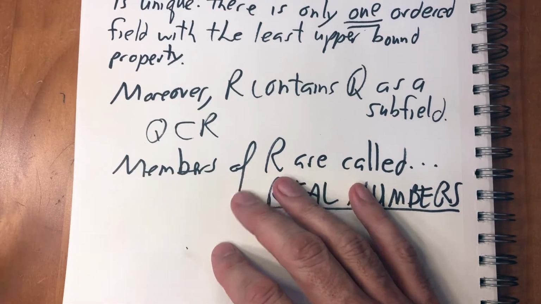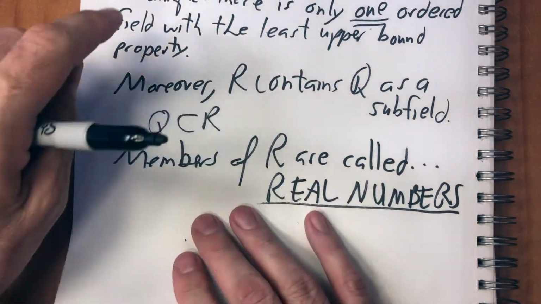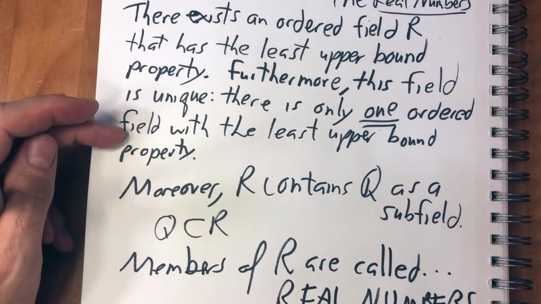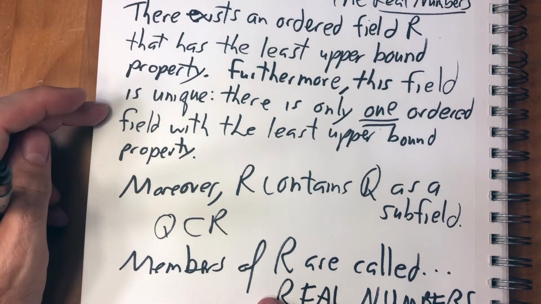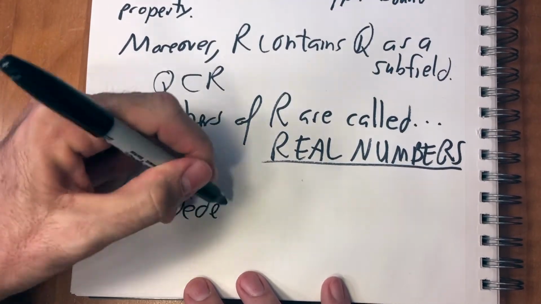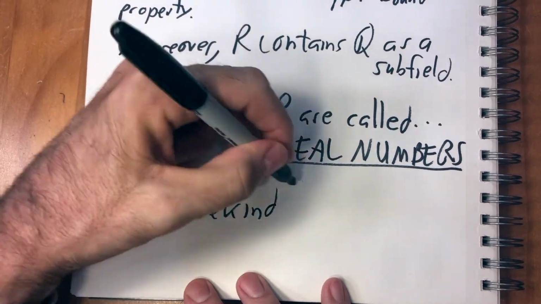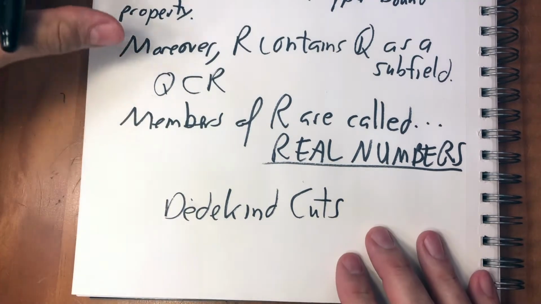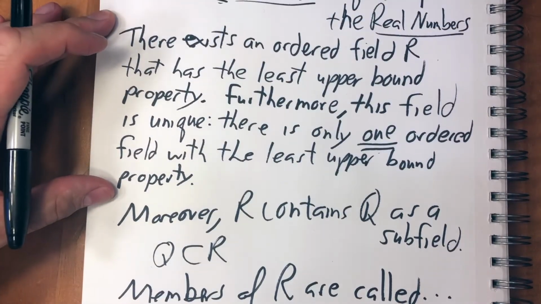Again, the proof of this is quite long. It requires, as I've mentioned a couple times, Dedekind cuts. And then establishing that these Dedekind cuts do make a field that fits this definition takes some time.